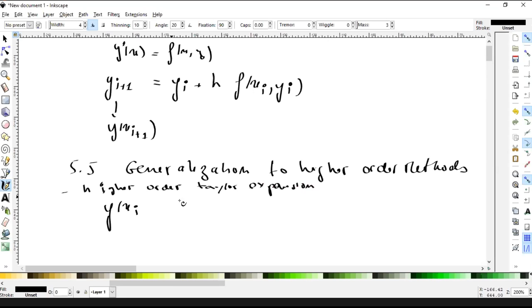So y of x_i plus h would be y of x_i plus h y prime at i, which is f(x_i, y_i).